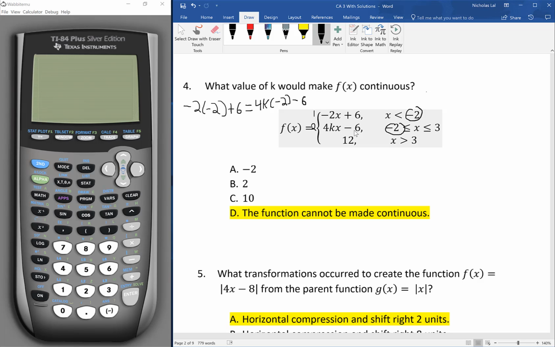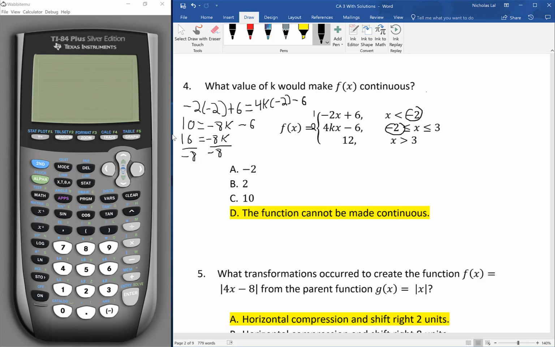So let's solve for k. Negative 2 times negative 2 is positive 4, plus 6 is 10. 4k times negative 2 will be negative 8k, minus 6. Add 6 to each side. 16 is equal to negative 8k. Divide each side by negative 8.